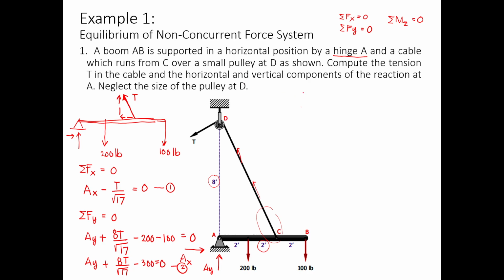Okay, so summation of moments about A is equal to 0. So if we look at the diagram, in this isolated diagram here, what will be affected by the moment is just the vertical component of the forces, while the horizontal is not because it's in line with the point of the moment.